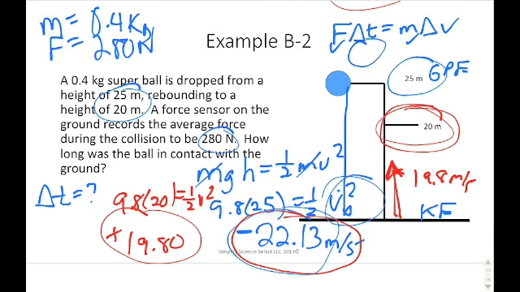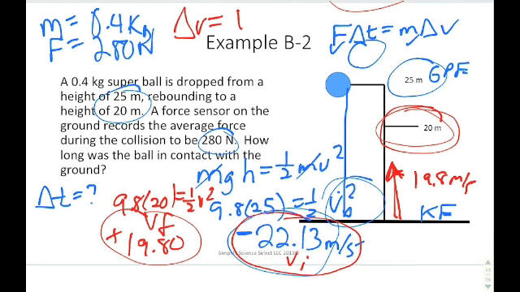We've got to take our final velocity, which is this, and subtract our initial velocity, which is that. So 19.8 minus a negative, which is plus a positive, 22.13, you have a change in velocity of 41.93.